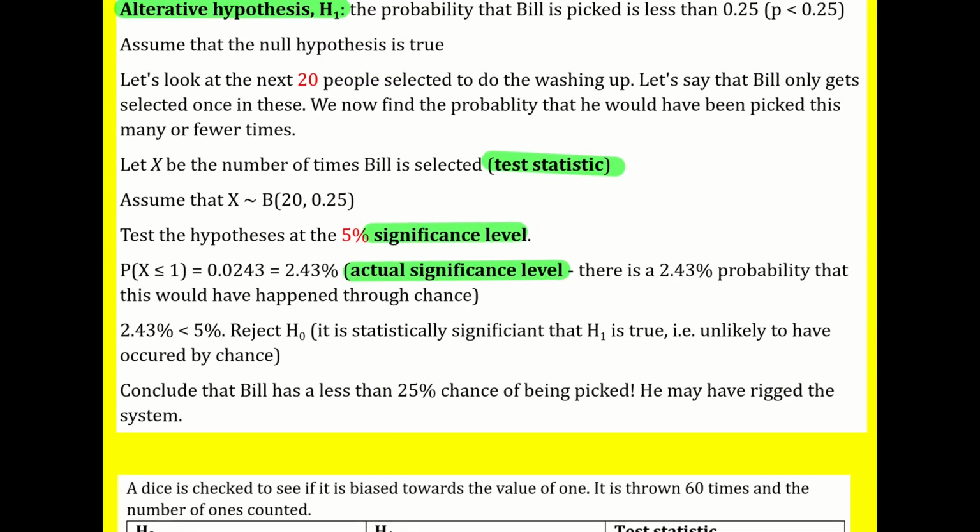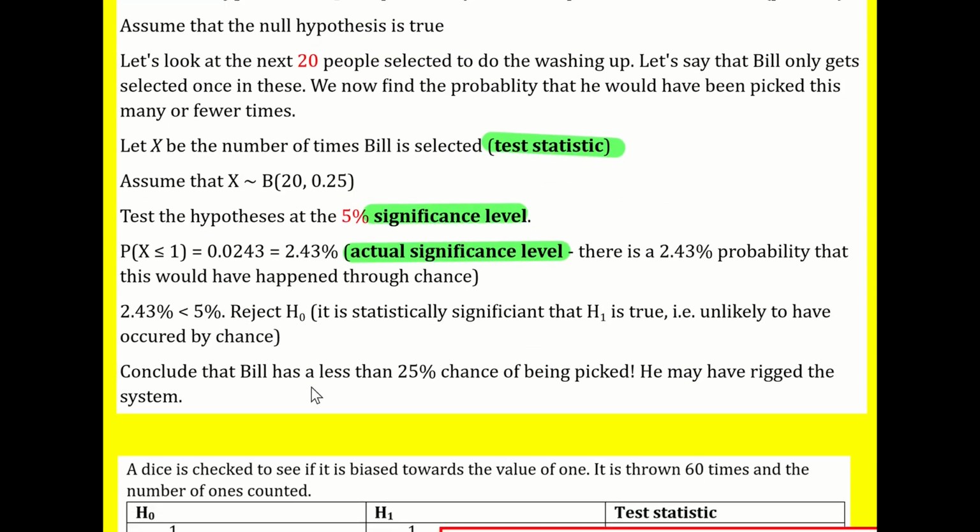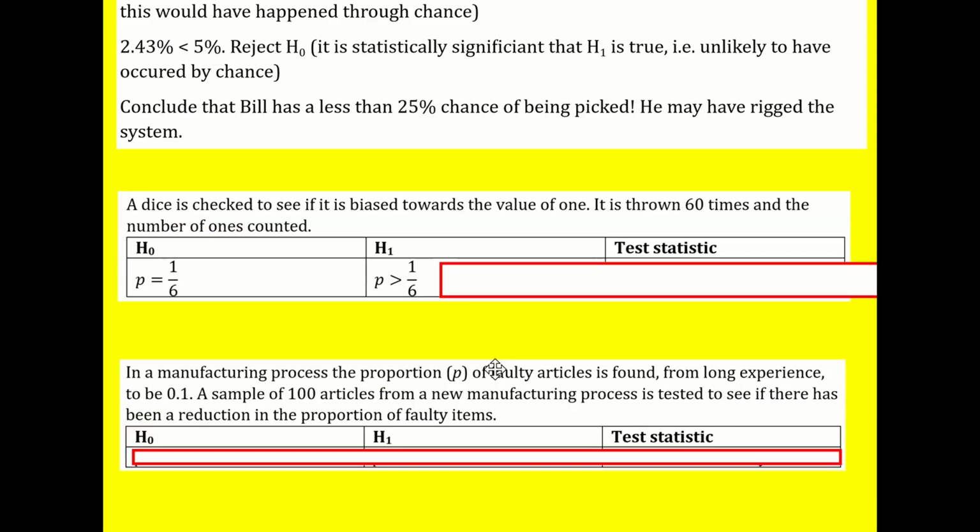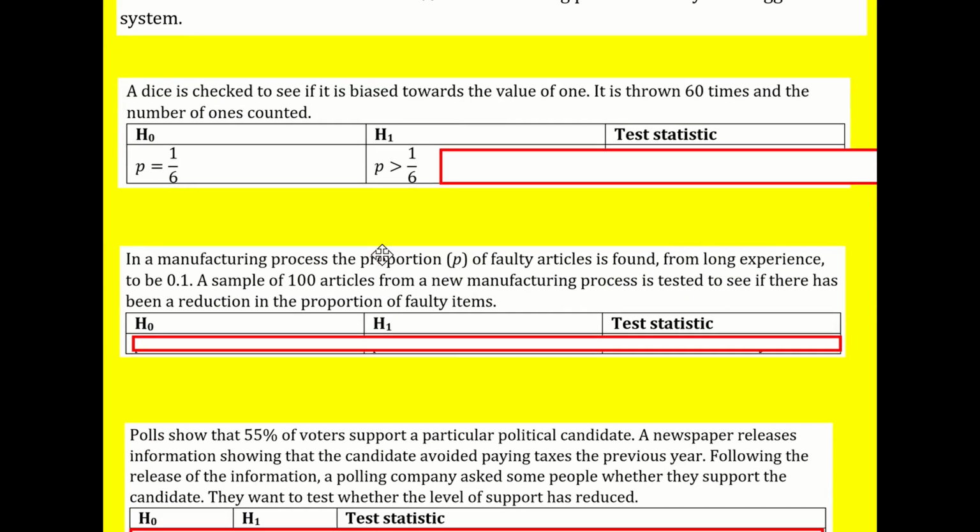For Bill, it was less than 0.25 because we thought he wasn't being picked as much as he should have. Here we think 1 is actually coming up more than it should. So just be careful with that. And then the test statistic is going to be the number of 1s rolled. That's what we're going to actually find the probability for. That's what we could measure if it was thrown 60 times.